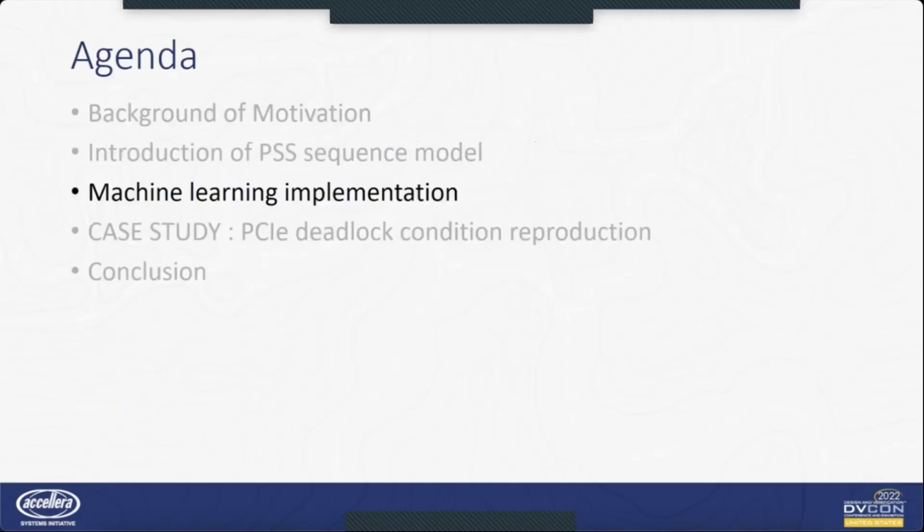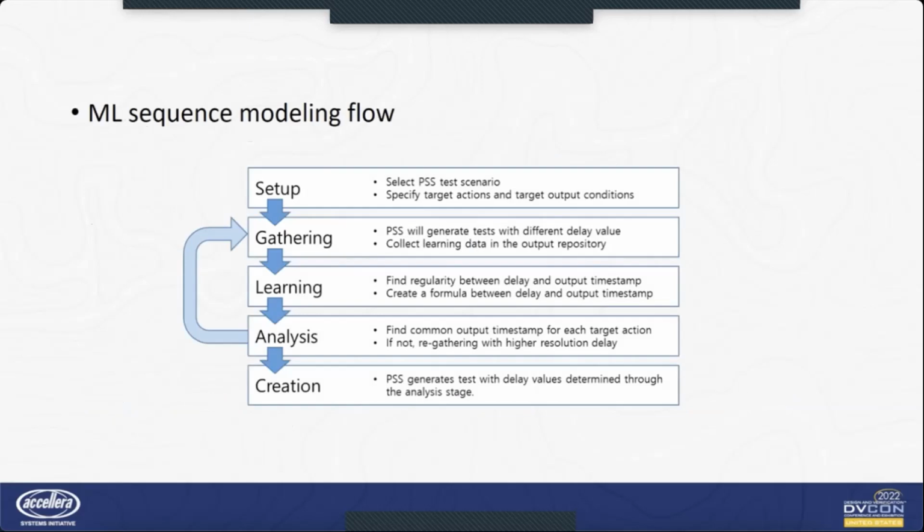From here, we will explain how to find the delay values X and Y to have the same simulation timestamp value using the machine learning algorithm. Machine learning is usually performed through 5 steps as shown in the figure.